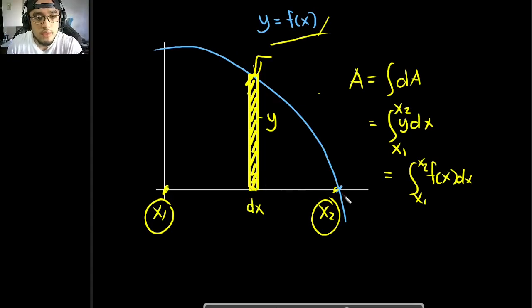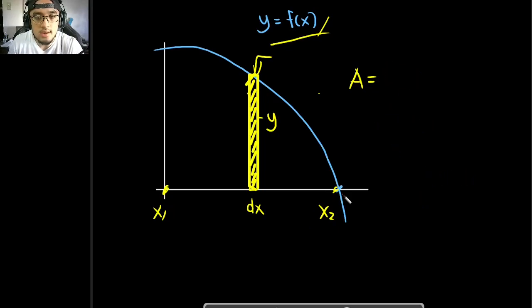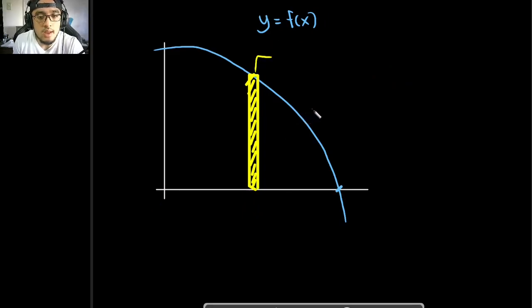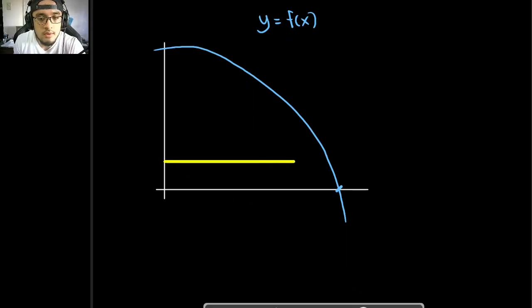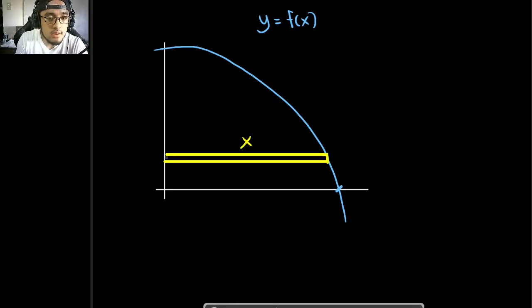But what if we want to have a differential area in a horizontal manner? Is it possible? So basically, it is. If you want to solve for the area of this one right here, but you want a differential area that is horizontal, so let's say that this is your differential strip, then this one right here is your x, and this one right here is your differential y.